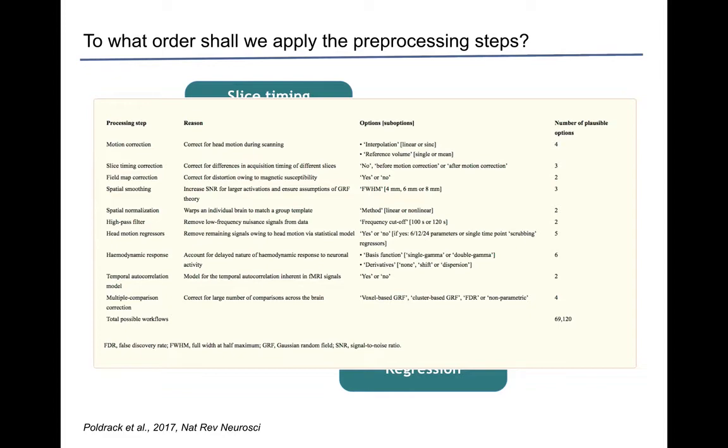It's interesting that if you just do the math, they found there are about 70,000 different ways of processing the data, which is a really huge number. Again, I believe this is only using the FSL option, so if you add the other packages, the number would be even larger.